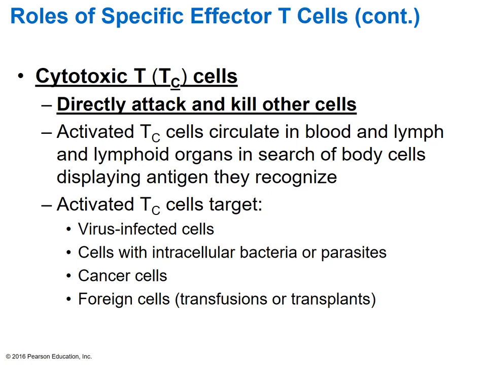They're searching for any cell that has that antigen fragment on it. When it recognizes it, it's going to destroy it. So they're going to target virus-infected cells. They're going to target cells that have intracellular bacteria or parasites. They're going to target cancer cells and any type of foreign cells, such as from transplants.